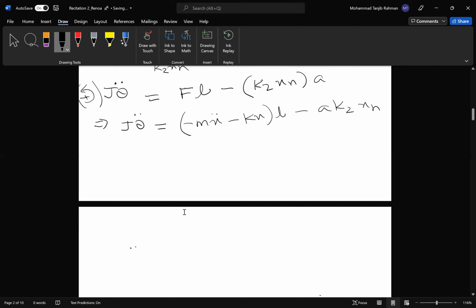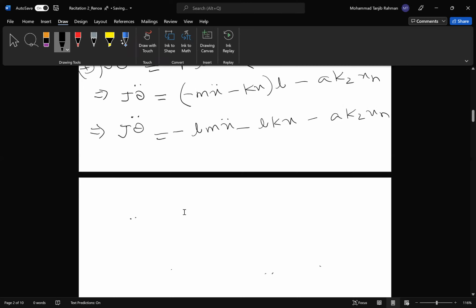Now I'm just going to simplify it. So it will be J theta double dot equals minus b m x double dot minus b k x minus a k2xn.